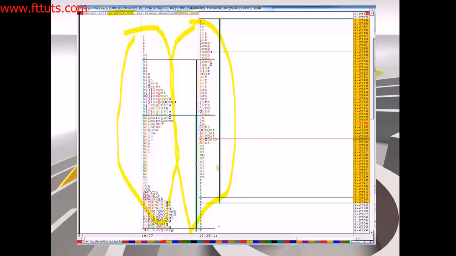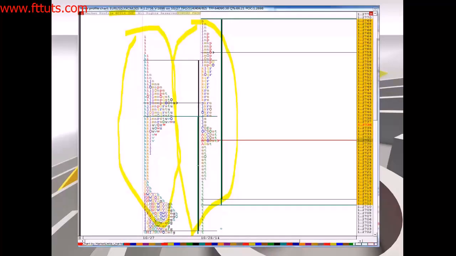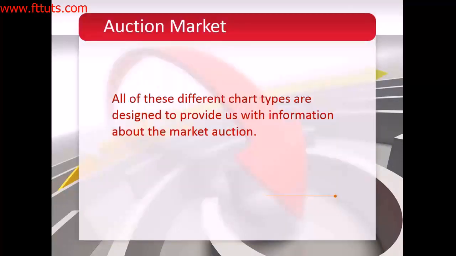And let us take a little bit of a closer look at how the chart is built, where these letters come from, and what those letters really mean. Now, the one thing that is common to all of these different charts that we looked at is that they are designed to provide us information about the market auction.